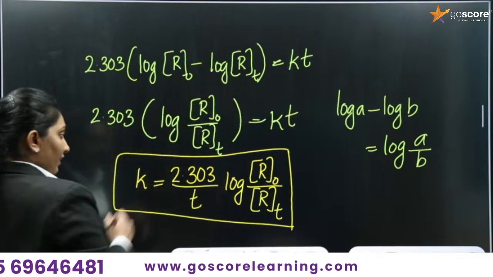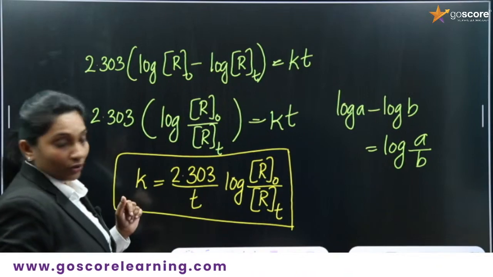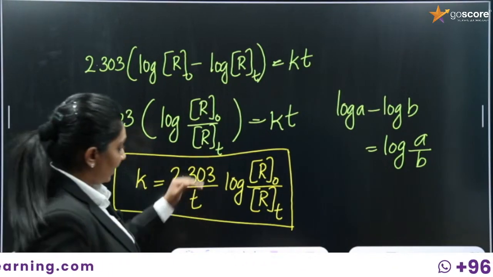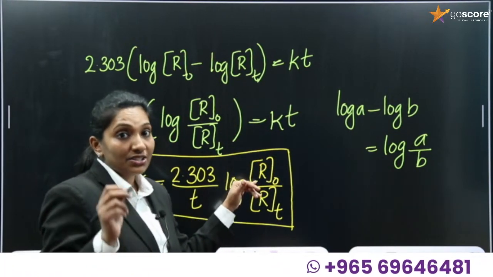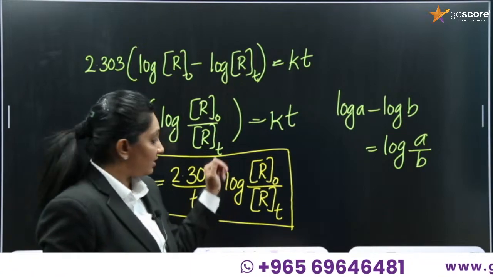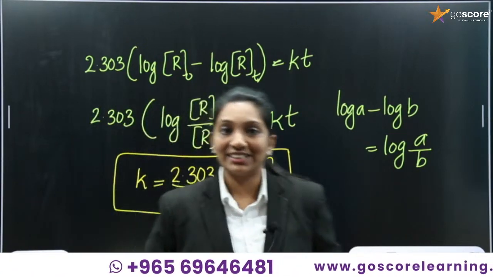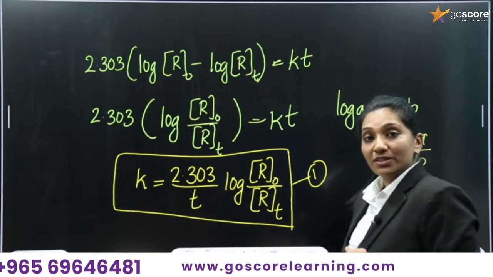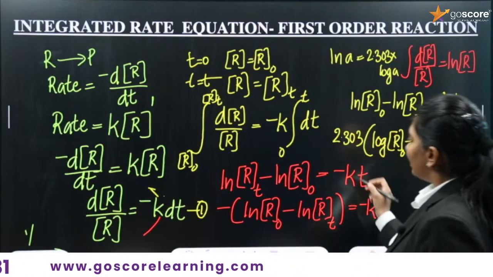Then when we rewrite it, we get rate constant k is equal to 2.303 by t into log r0 by rt. T is the time taken, r0 is the initial concentration of reactant and rt is the concentration of reactant at time t. Okay, so this is the rate equation for first order reaction.